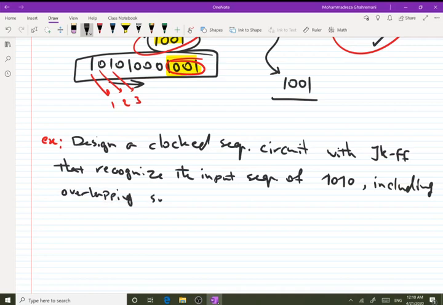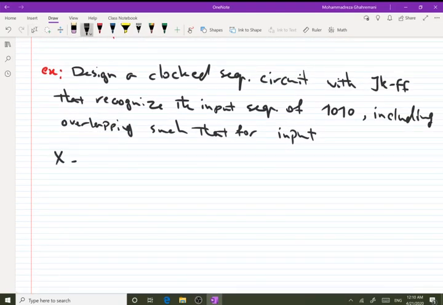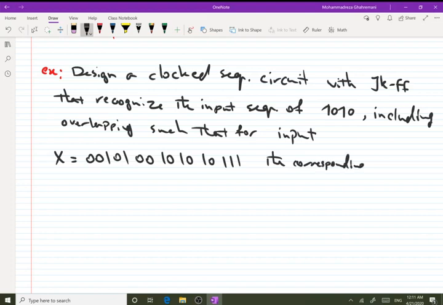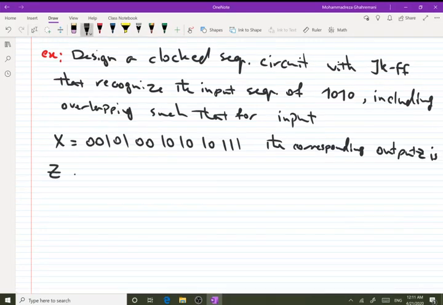Such that for input X, which is 0010101010111, the corresponding output Z is, so we are looking for 1010.